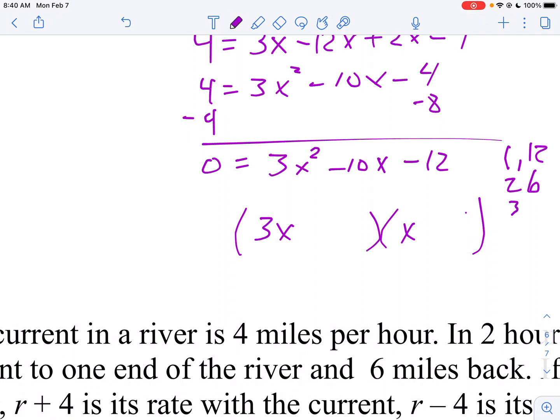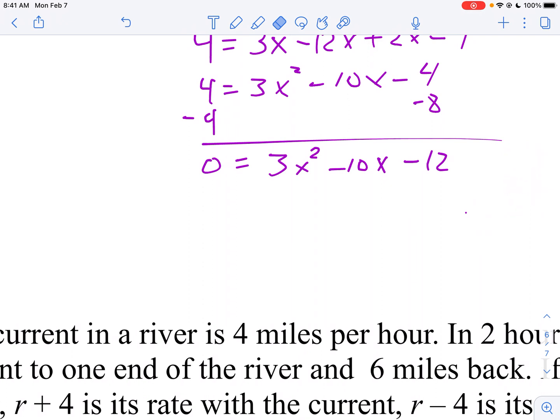Let's try 3 and 4. 3 times 4 is 12, minus 3 is 9. I'm not going to get 10 there, am I? I can't factor that. So, can't factor it, you've got to use the quadratic formula.